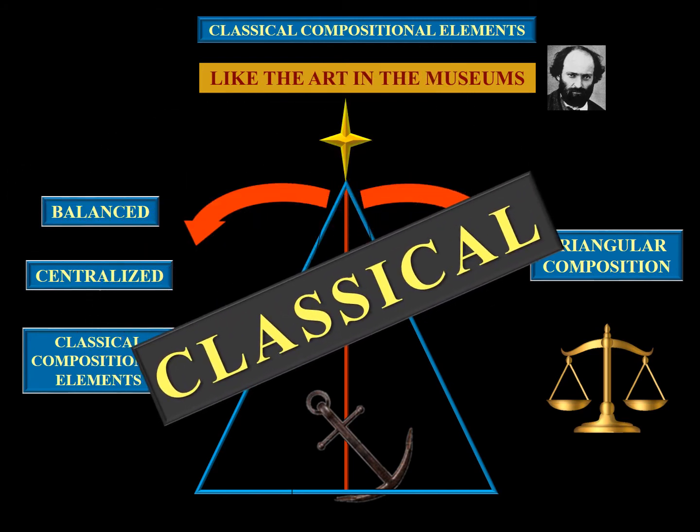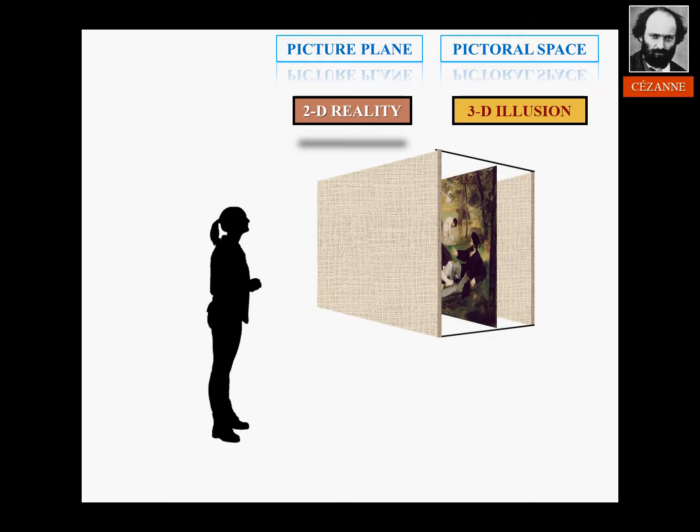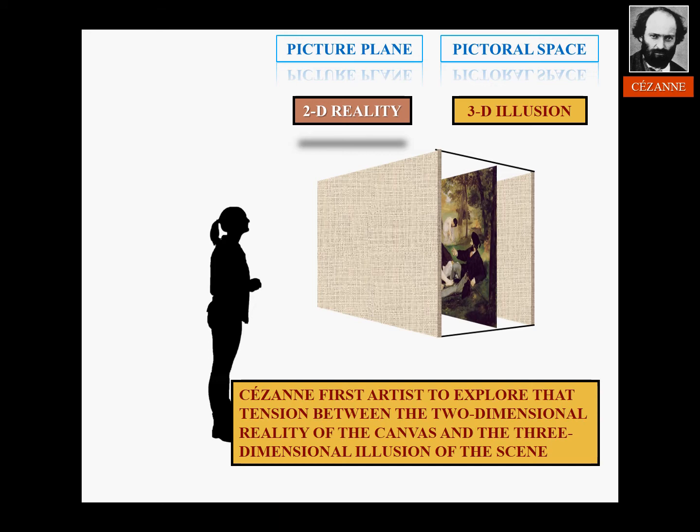And Cezanne was very classical in his approach in composing his works. Another thing we saw with Cezanne, he was the first artist to truly explore that tension between the two-dimensional reality of the paint surface, the canvas, and the three-dimensional illusionism of the scene in pictorial space behind the picture plane. And he played back and forth with that for the viewer.